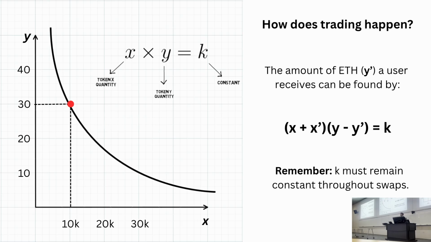Then if we're going to receive Y prime of ETH, we don't know the amount yet, but the new amount of ETH in the pool is going to be Y minus Y prime. And if you multiply those amounts by each other, we remember that at all times, they should be equal to some constant K.